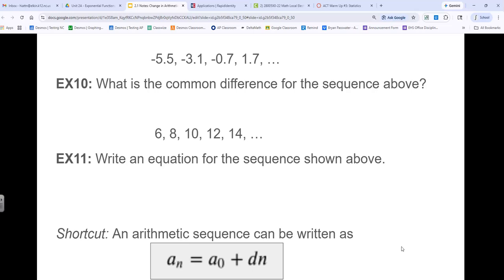You may even want to write out over here to the side that a sub 0 is like your y-intercept, and d, or your common difference, is your slope. Okay, questions?